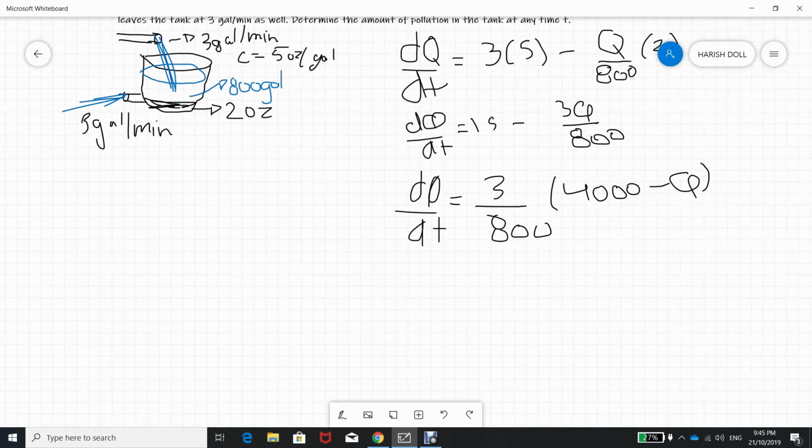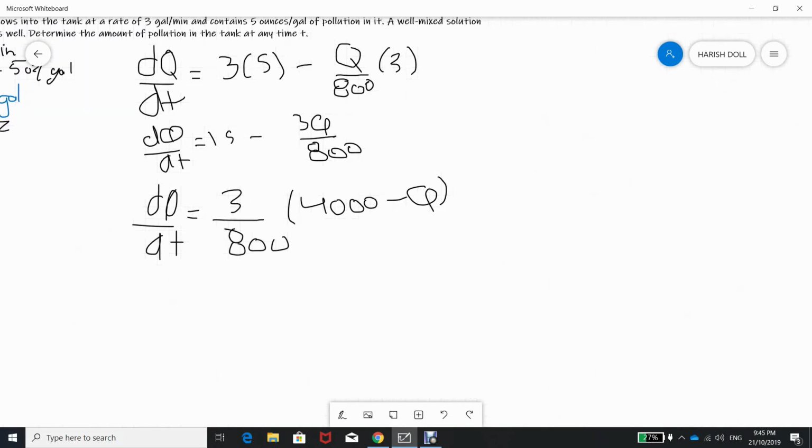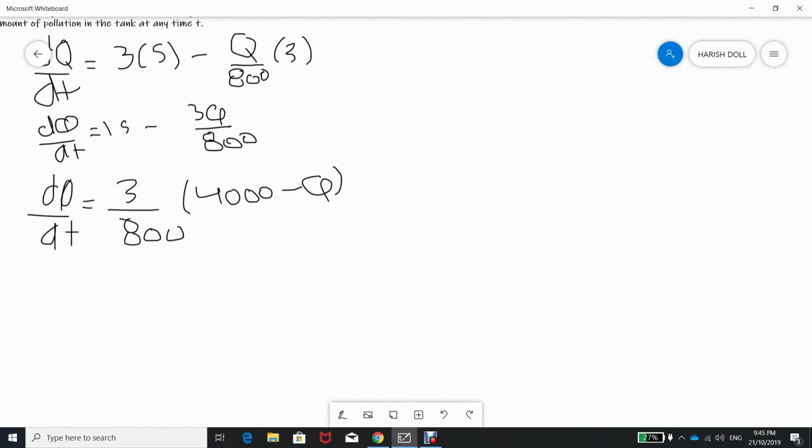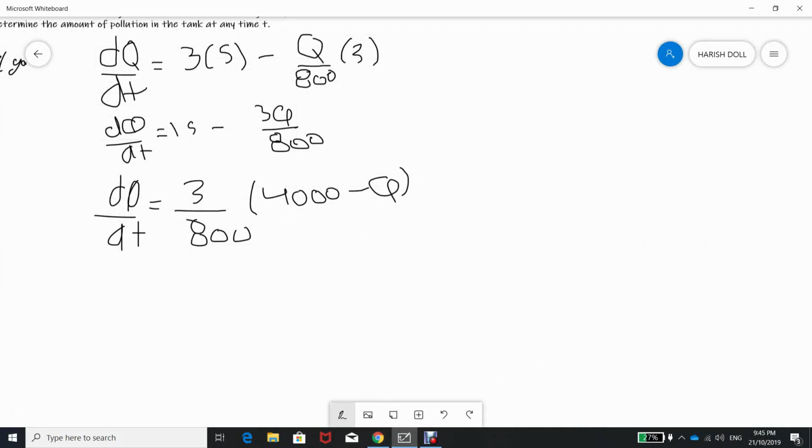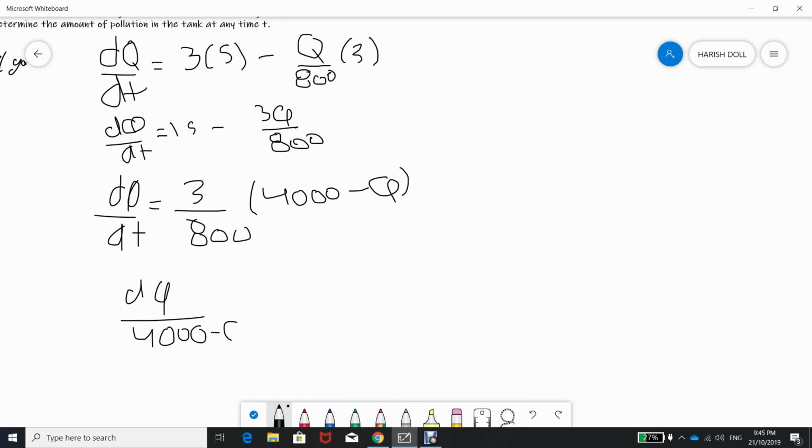Now we don't have to isolate any more terms, so we can just cross multiply. So we can say that dq over 4000 minus q is equivalent to 3 over 800 dt.